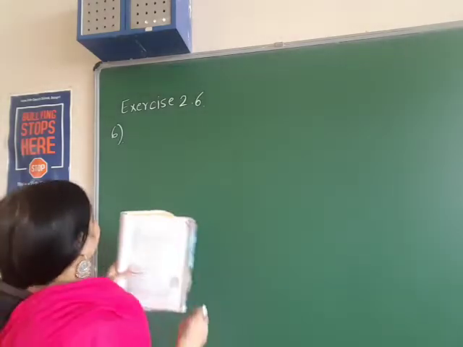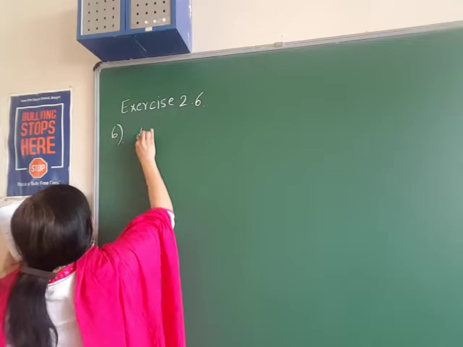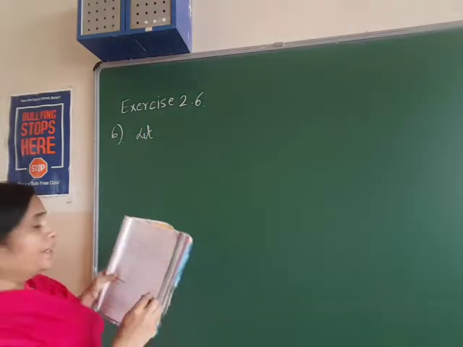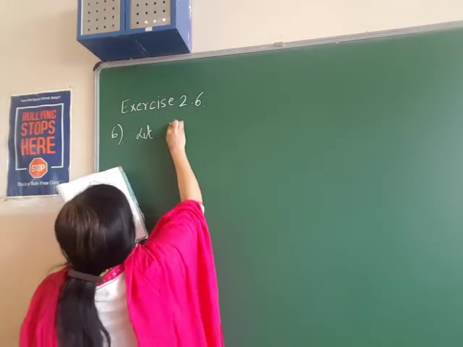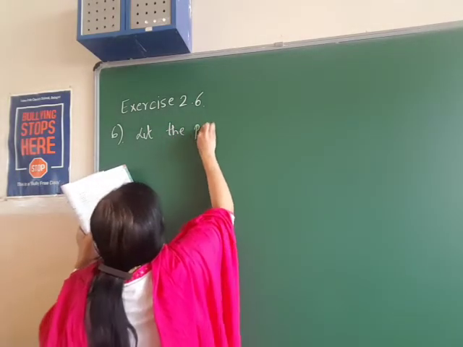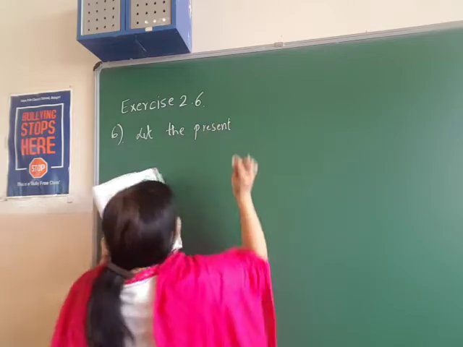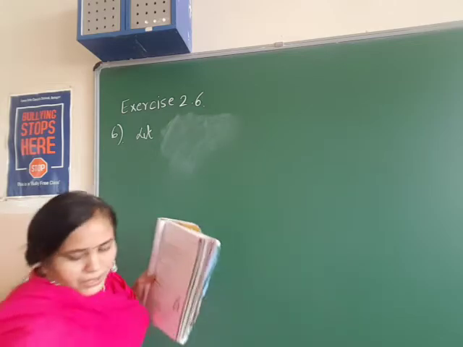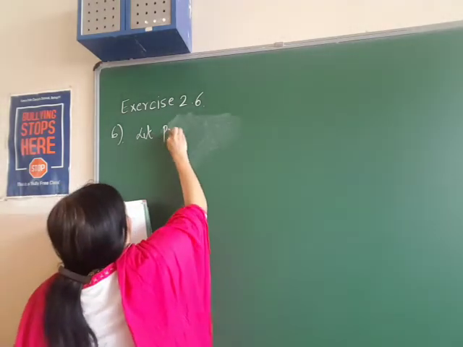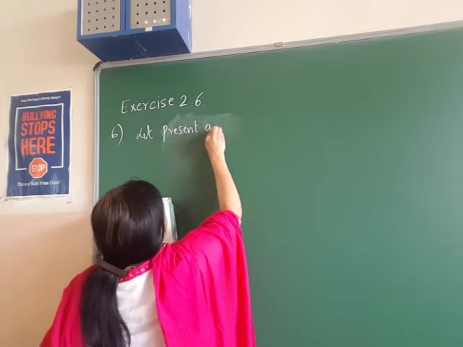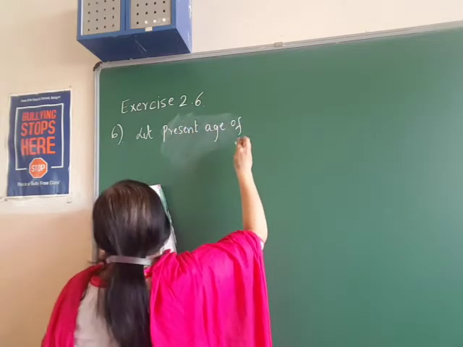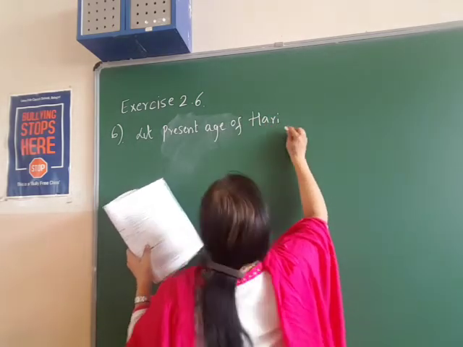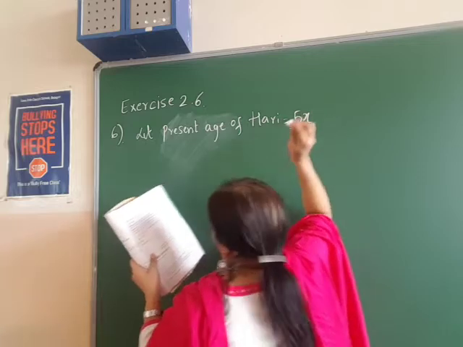So now here we have to consider the ratio of present ages, they are in a ratio. So you have to let the present age of Hari, it is in the ratio 5:7, be equal to 5x.